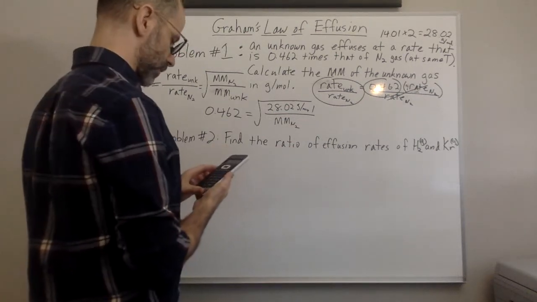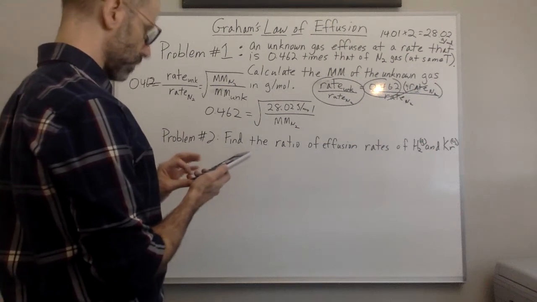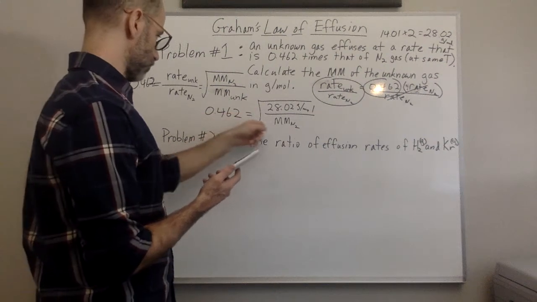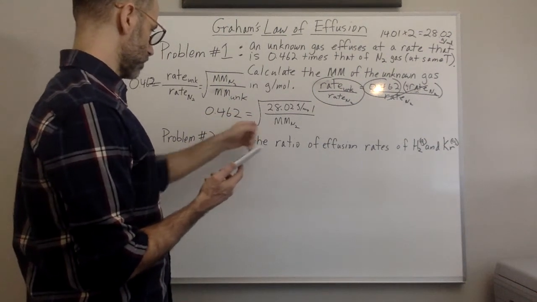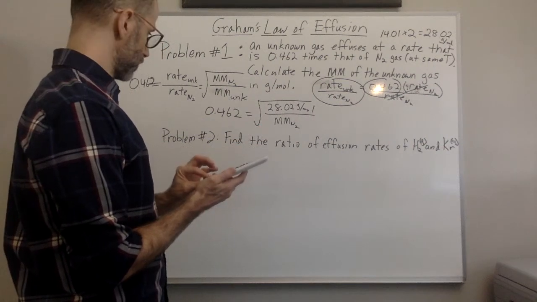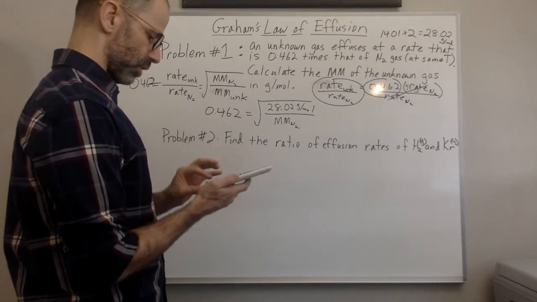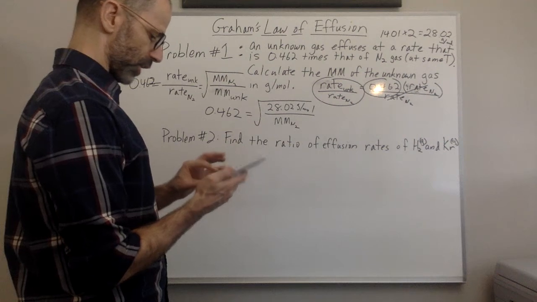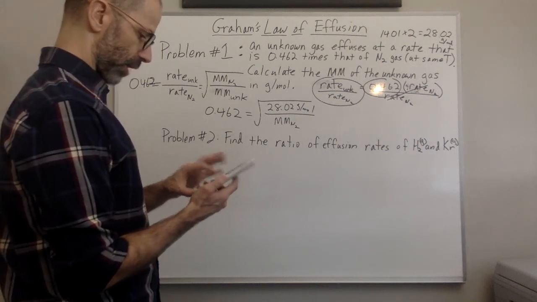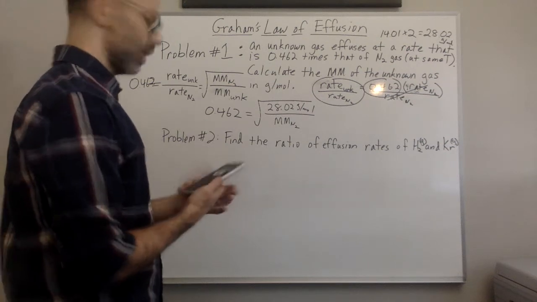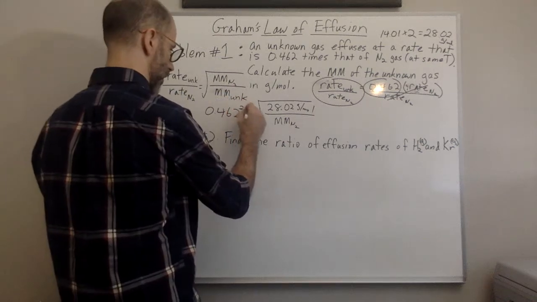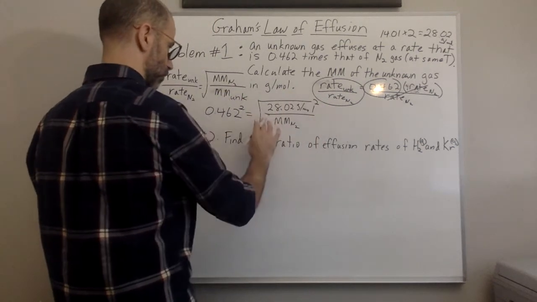I'm going to square both sides to get rid of the square root.